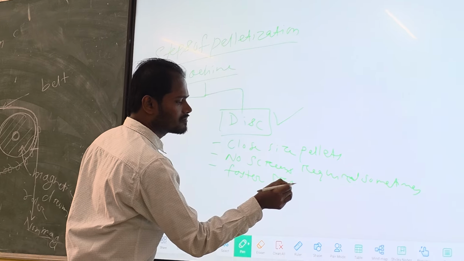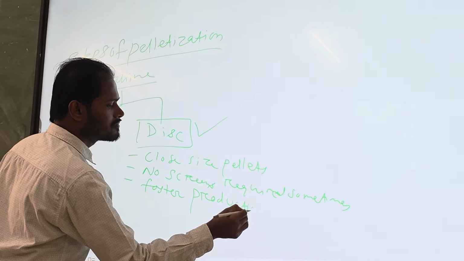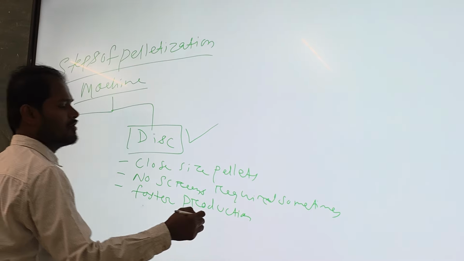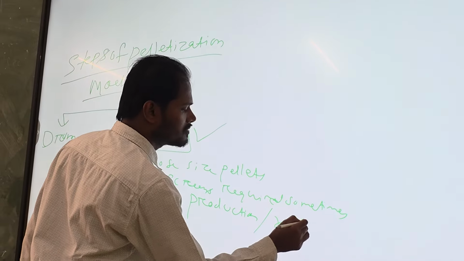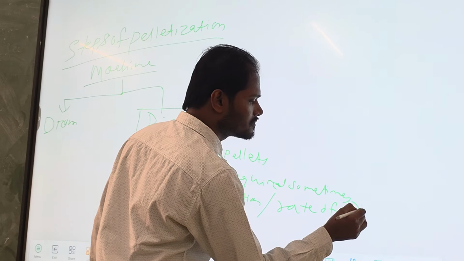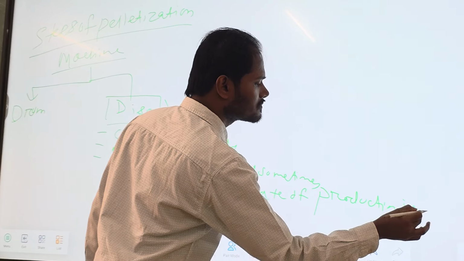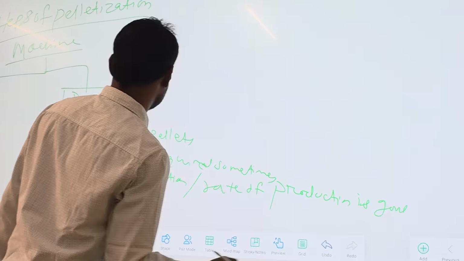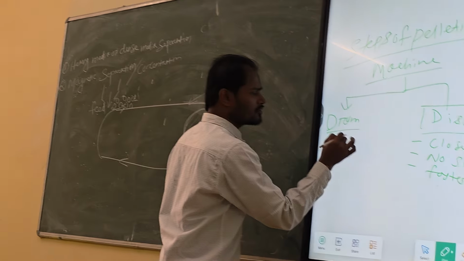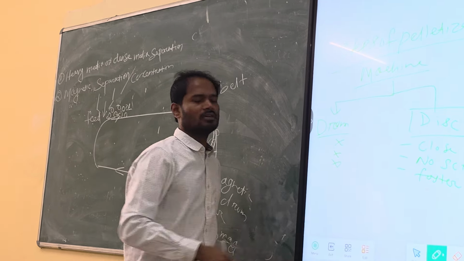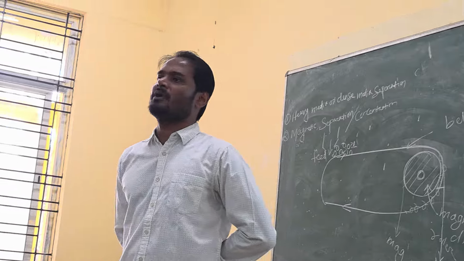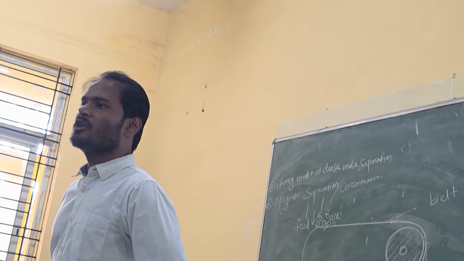Faster production, or specific production rate is high, or rate of production is good. So these are the more advantages of it. If you look into drum, this is not there, this is not there. So these are the advantages of disc pelletizer over drum pelletizer. Basically use disc.